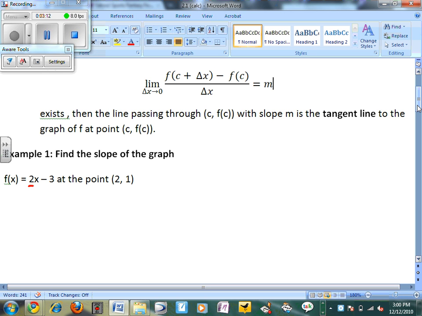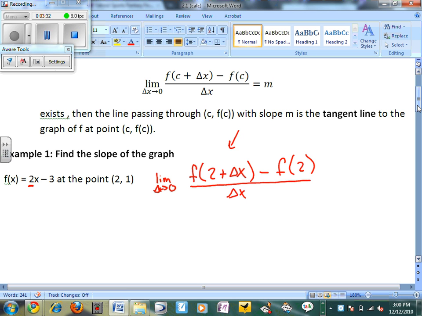So we're going to take the limit as change of x approaches 0 of f of c, where c was our x point, so f of 2 plus change of x, minus f of 2, all over change of x. Anytime you see f of what's inside the parentheses, you plug that in for x.